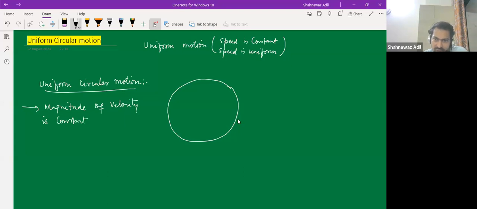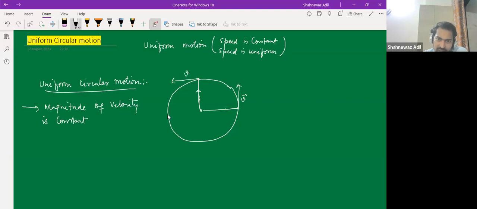What do I mean by that? Let's say that we have this radial distance, right? And at this point, this is the tangent. So this is the direction of velocity. At this point, this is my position vector. And then this would be my velocity.